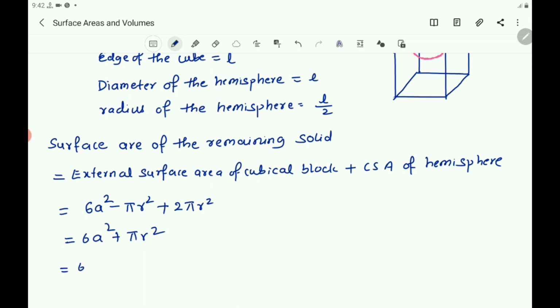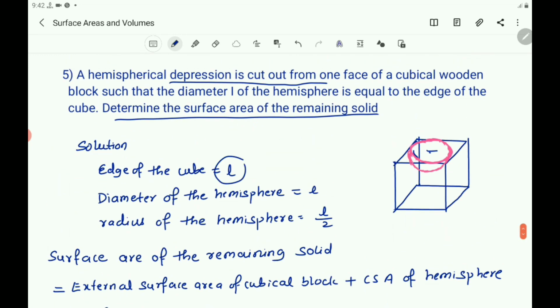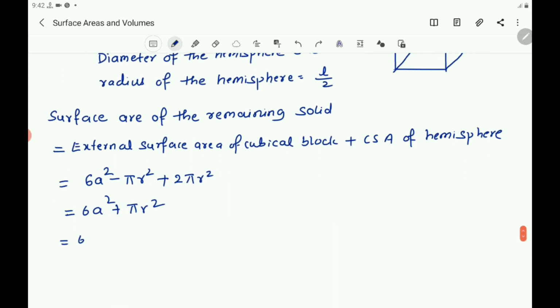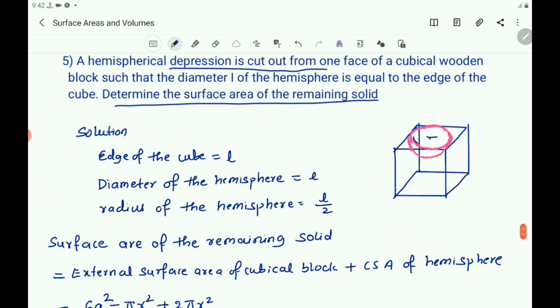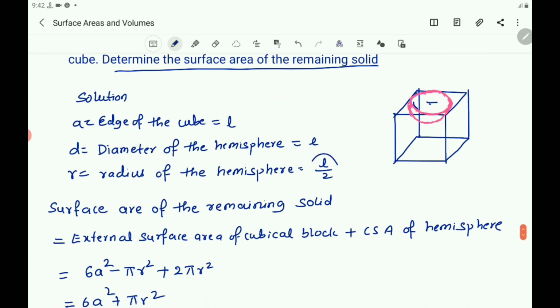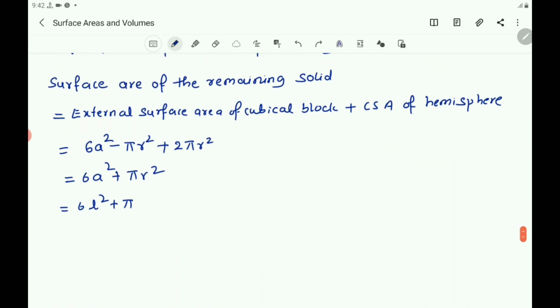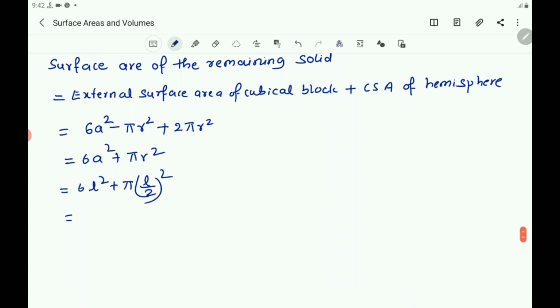So it is 6 into the edge of the cube, a, you can write as L square, plus pi, and r is the radius, this is the diameter, this is a, so here r equals L by 2, that is L by 2 whole square. That equals 6L square plus pi L square by 4.